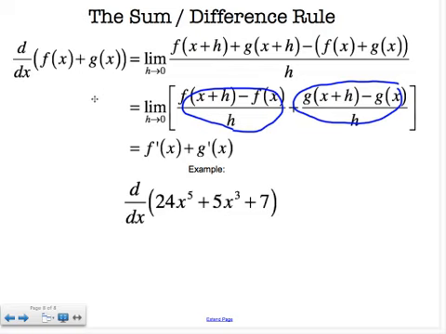It's very nice. We'll find out later that products and quotients don't work this way. But what does that mean for me? That means that the derivative of this big thing is the same thing as doing the derivative of each piece individually.